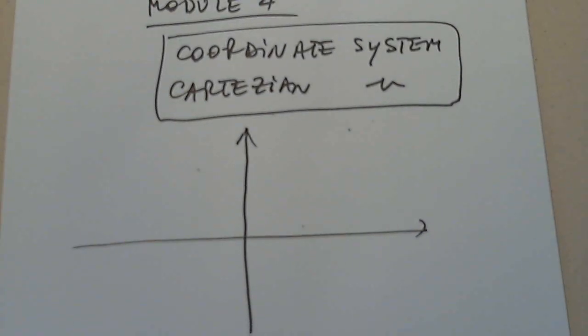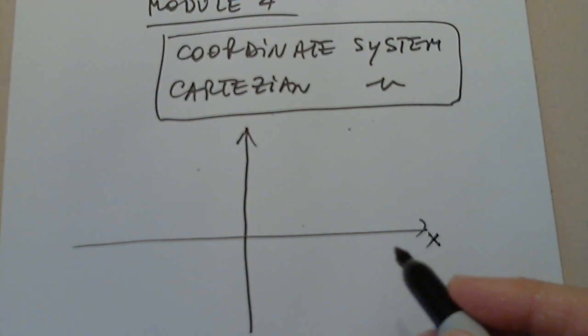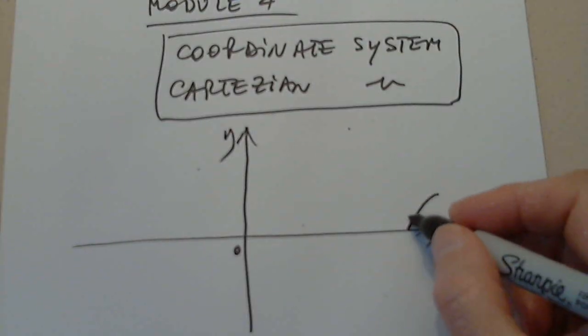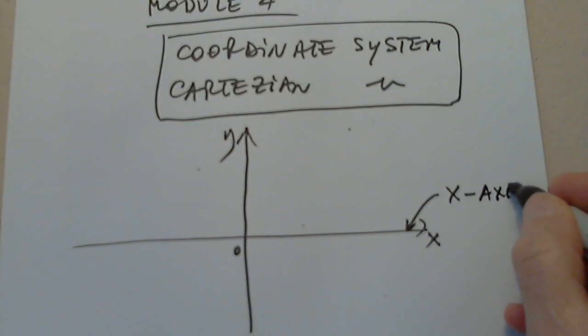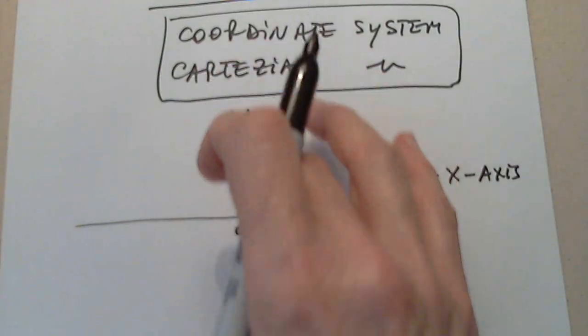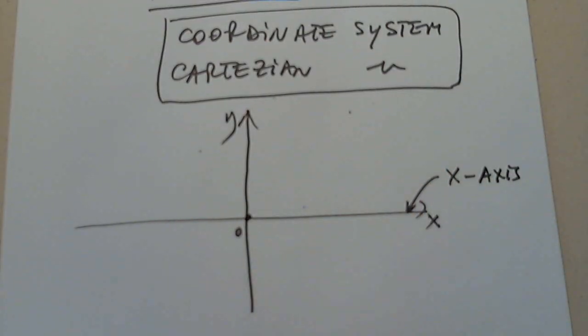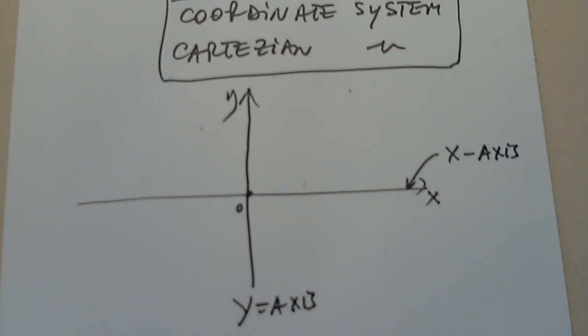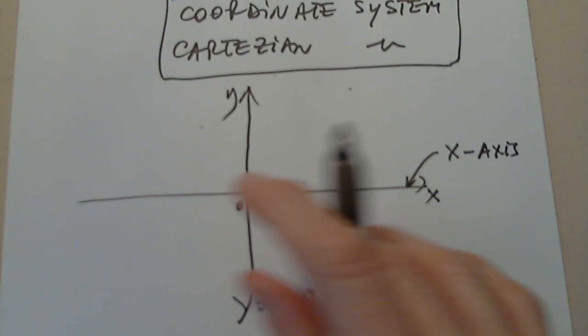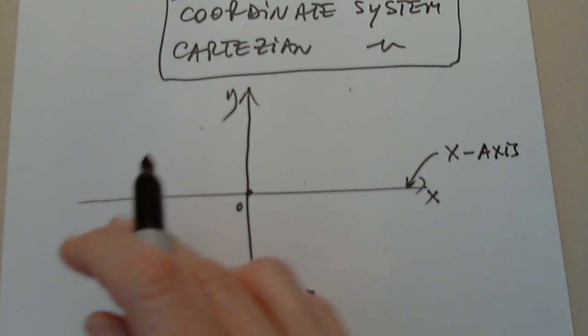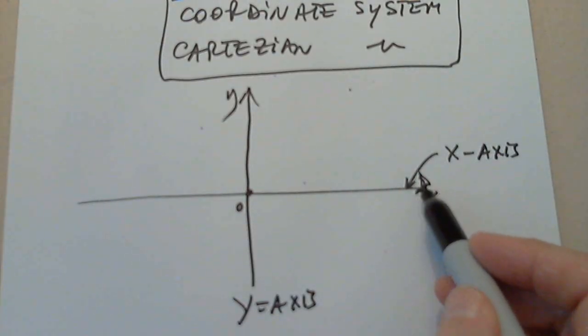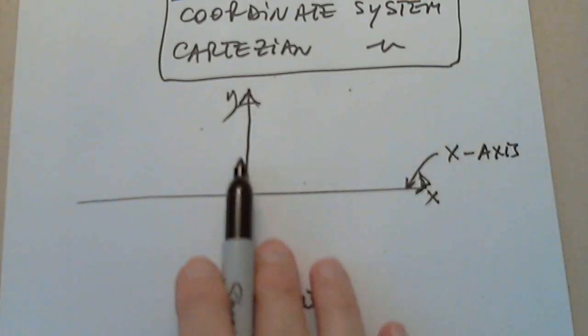There are two perpendicular lines. This line is called the x-axis, and the vertical line right at 0 is called the y-axis. I know some people put arrows towards the negative side. I don't. So I only put arrows to the positive side.